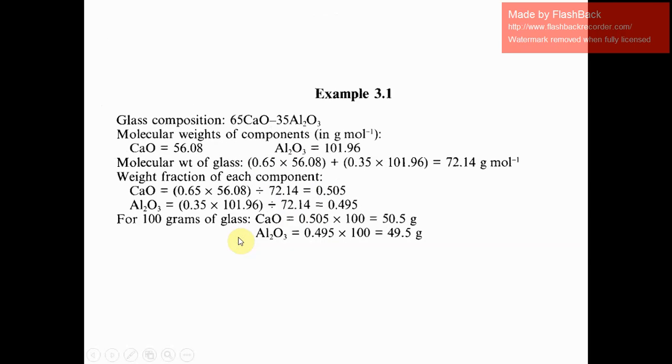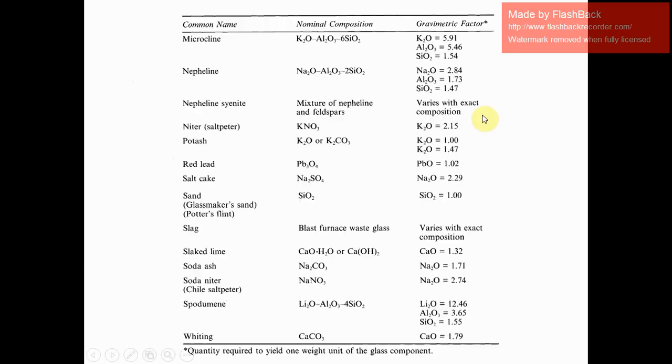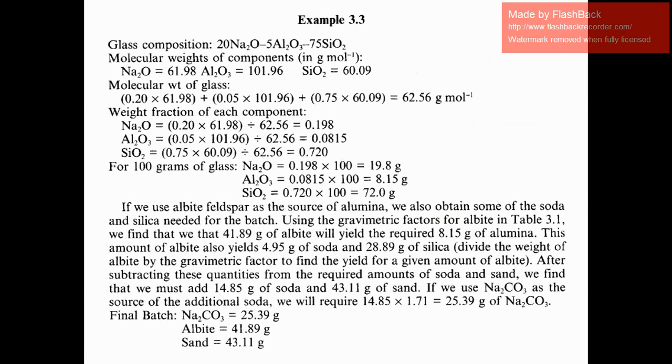Say Na2O has an 8.46 gravimetric factor. So this 41.89 gram will be divided by that factor. Then you will get 4.95 gram of soda. Similarly for silica.